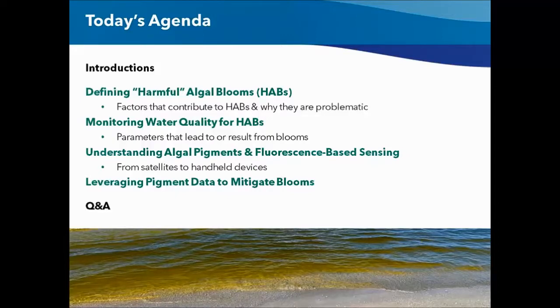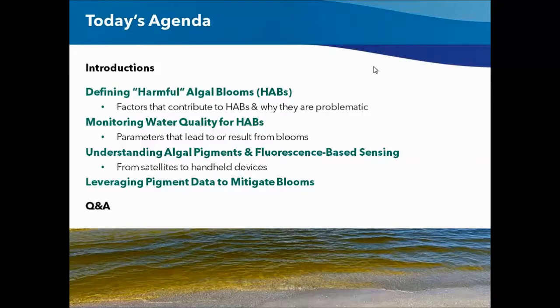What can we monitor for harmful algal blooms, and what parameters should we really hone in on that either show that a bloom is about to occur or what the repercussions of blooms would be. Lastly, we're going to talk a lot about algal pigments today, and hopefully you'll learn quite a bit about how algal pigments and fluorescence can help us sense harmful algal blooms as they begin to grow.